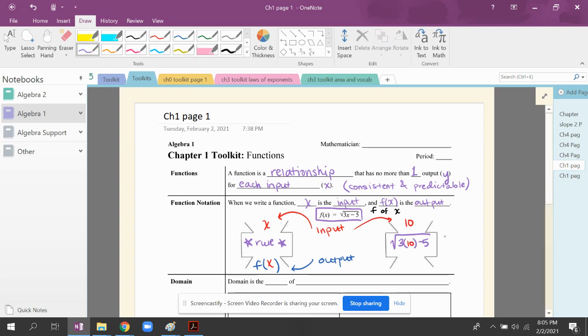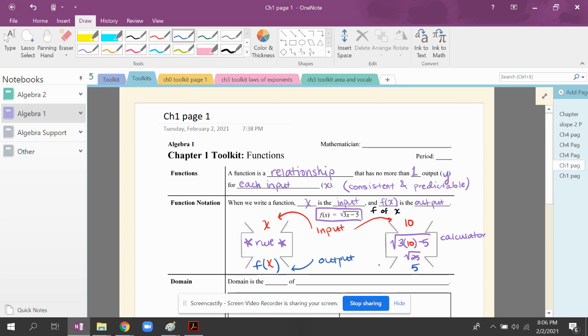And at this point, I would strongly encourage you to use a scientific calculator if you are not feeling super strong in your mental math skills or your order of operations. But what we're going to end up with is that this is like the square root of 25. So our output is going to be 5.